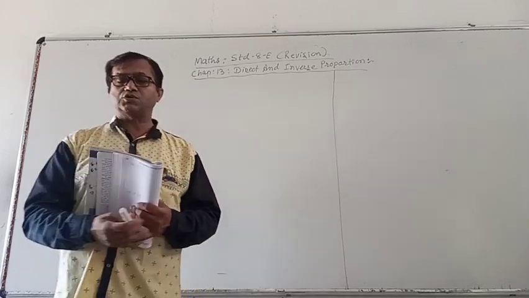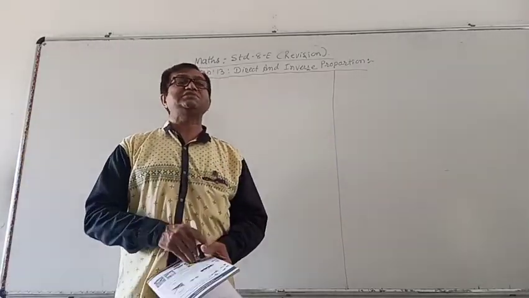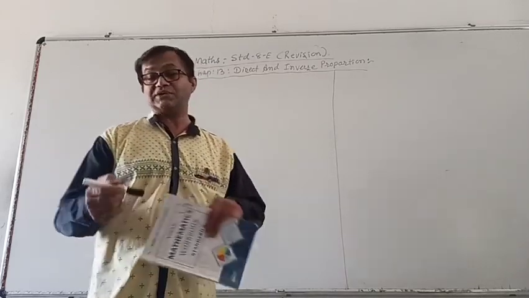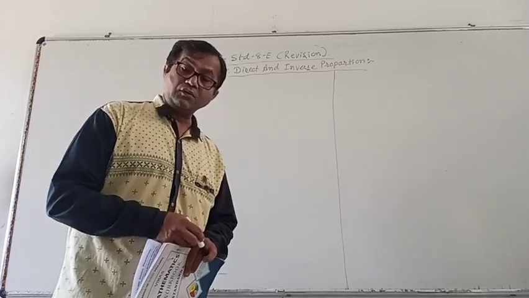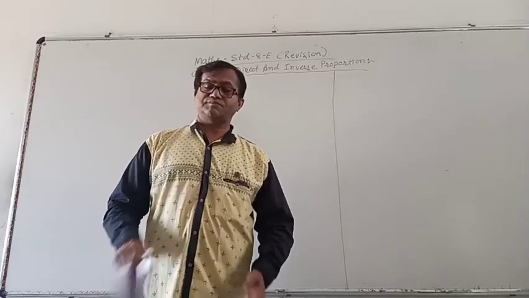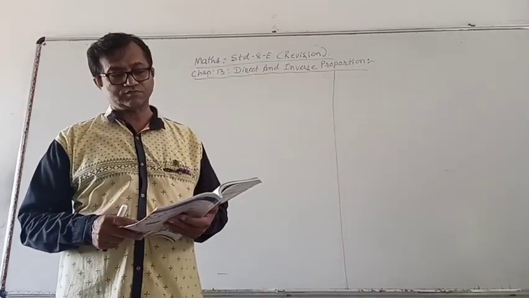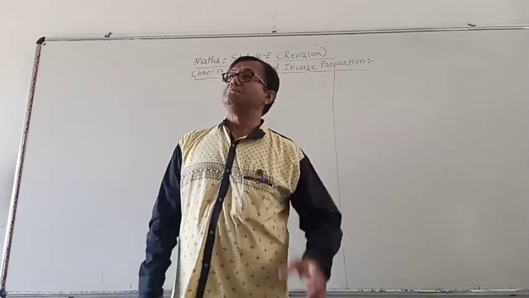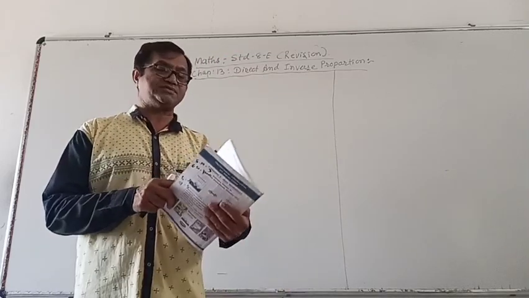Today we are going to start the revision of chapter number 13, direct and inverse proportion. Now, we are familiar with ratios. A ratio is the miniature representation of two quantities.